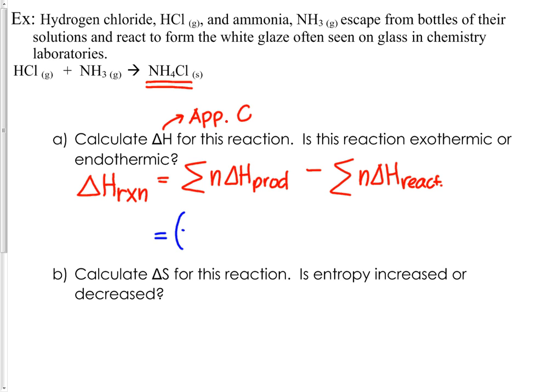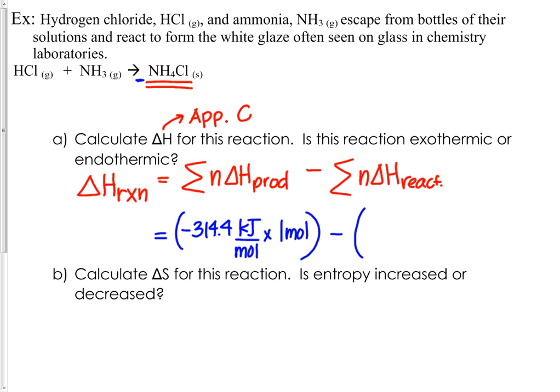If it is in your textbook, hopefully it is, but I think I got this from a different book, it's negative 314.4 kilojoules per mole. And since the coefficient is a 1, I'll just multiply that by 1 mole. And then I'm going to subtract that from the sum of all the reactants.